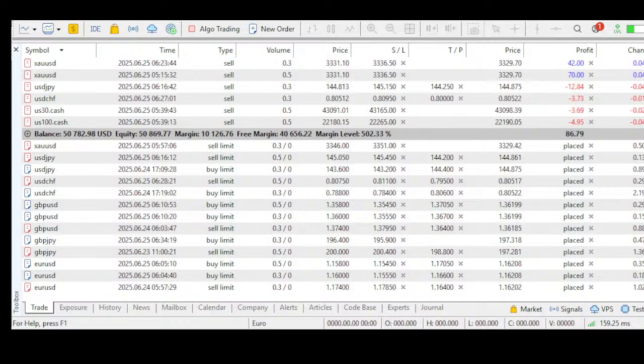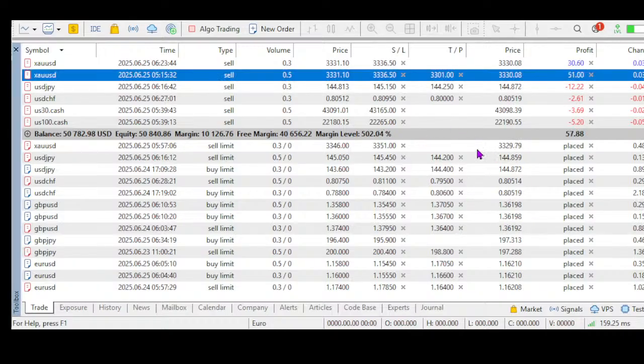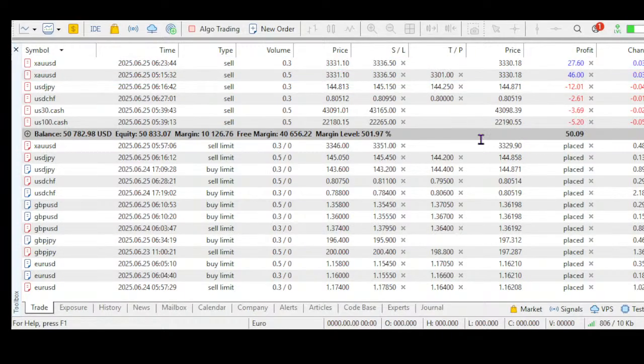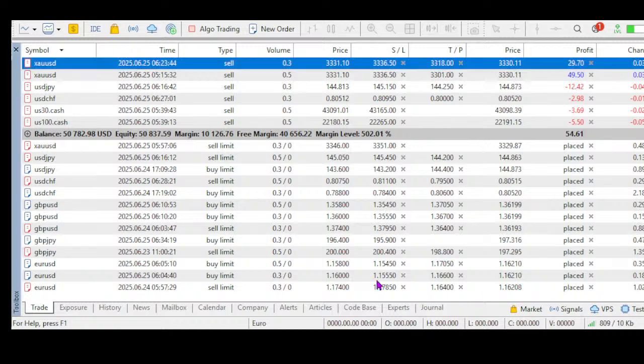So we would try to exit at 3301. We have two entries. This one we will go for 3301, and then this one we would go for 3318.